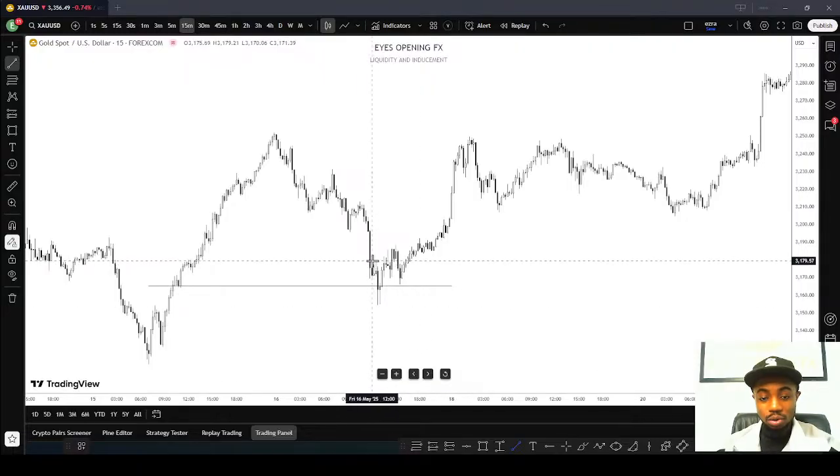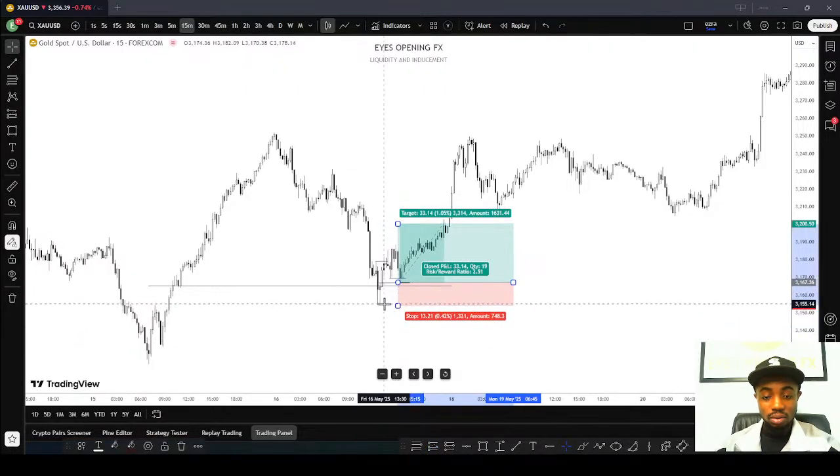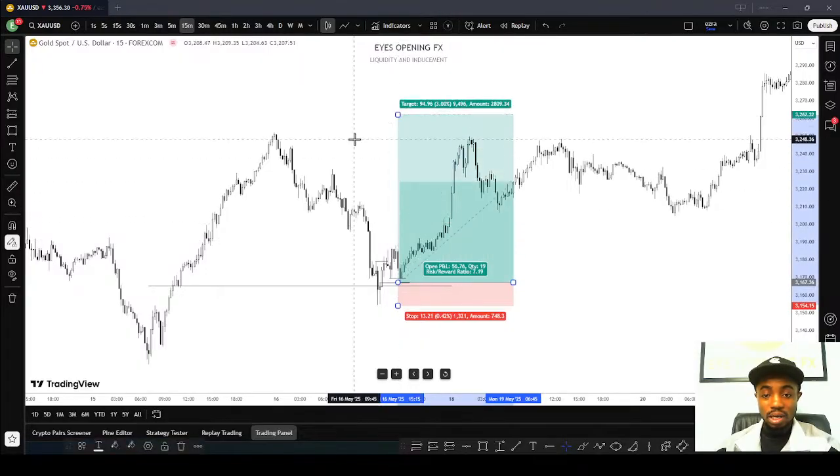The market broke structure here. Since we have this break of structure, the market created a higher high, a higher low, a higher high, then the market induced this low. And we have an imbalance right here.